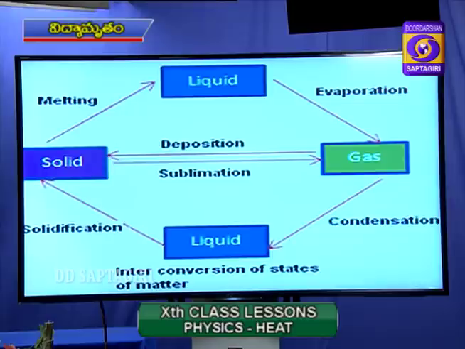That is what you have to note down. And the process of conversion of liquid to gas is evaporation and also boiling. Afterwards we can discuss the differences between evaporation and boiling. And the process of conversion of gas to liquid is called condensation.